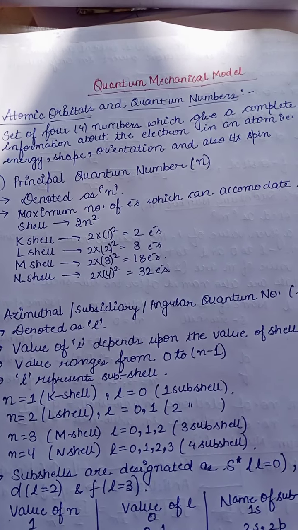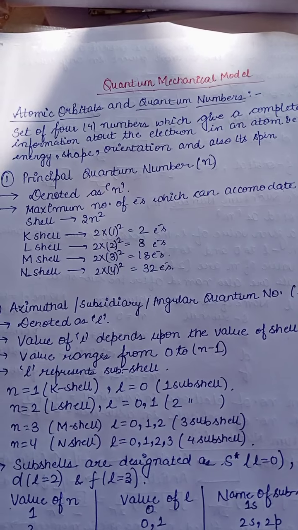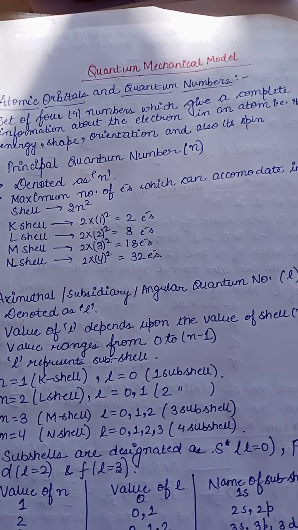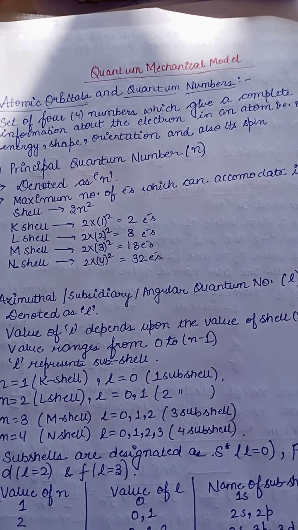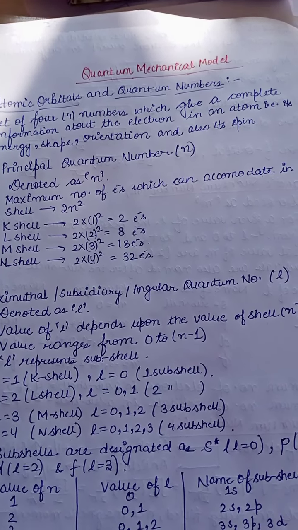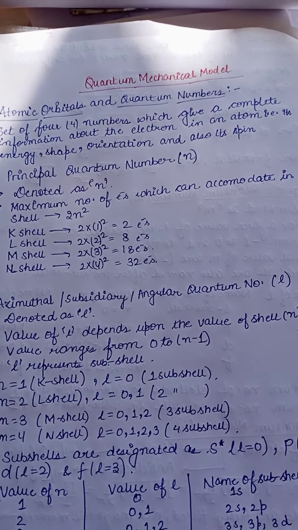Third one is M shell, and in M shell the value of n is 3, so we can accommodate 3 square, that is 9 into 2, 18 electrons, and in N shell we can accommodate 32 electrons. So I hope you got the point of principal quantum number, which is denoted by n, and the maximum number of electrons which we can accommodate in a particular shell is 2n square.